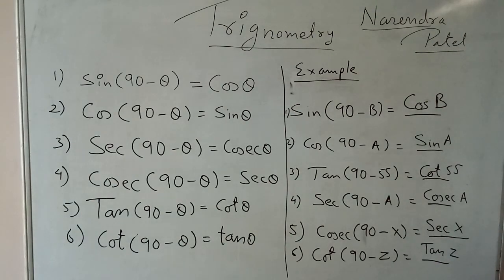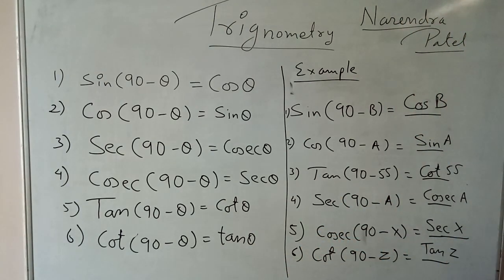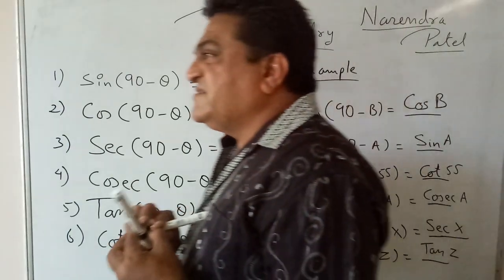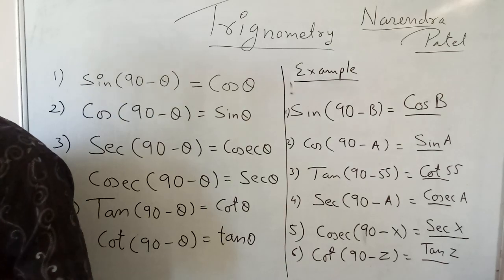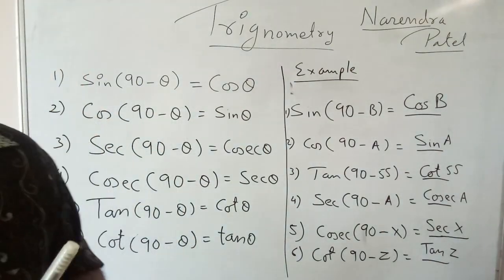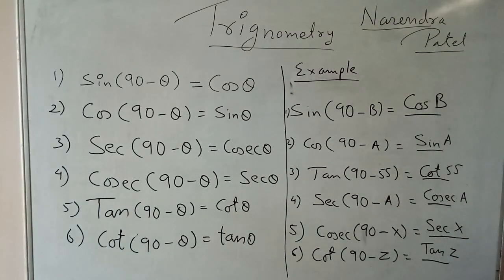Trigonometric values, which you learned last session, and this type of conversion sum are asked in your exam. So you have to prepare it properly so that you can do it. Now in the next session we will learn something new about trigonometry. Day by day I am teaching you some new things about trigonometry so that you can make progress in it.